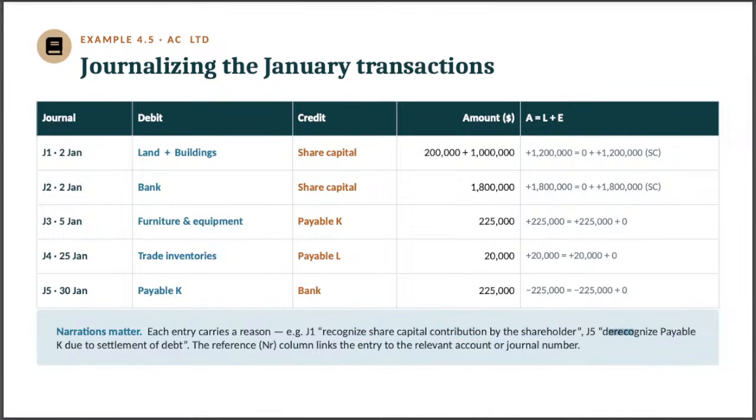Journal 5, de-recognize payable K due to settlement of debt. The reference number column links the entry to the relevant account or journal number. So there it is. There should definitely be a lot of columns to these things because narrations matter.